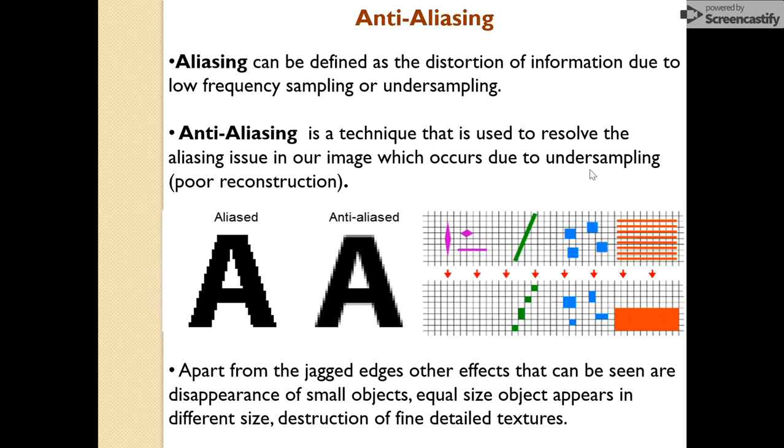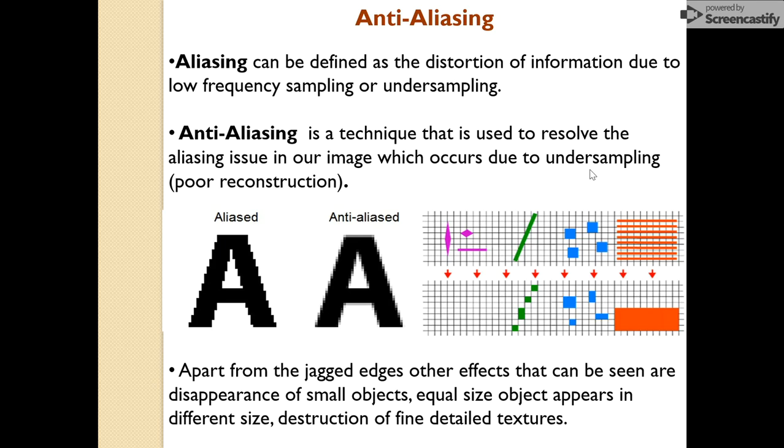Coming to the next topic, anti-aliasing. Many people say that. For that, first we have to understand what aliasing is. It's basically the distortion of information because of low frequency sampling or undersampling. As we can see in this image, because of aliasing, we have a staircase effect.